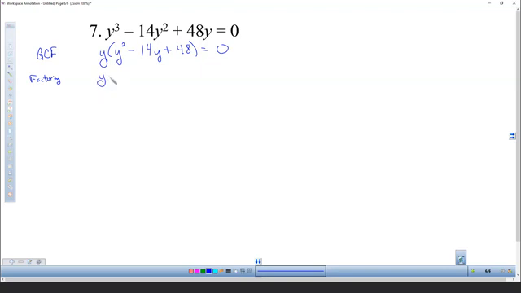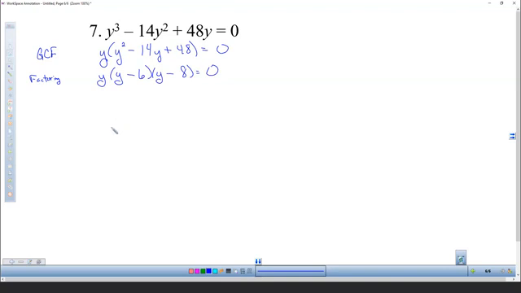It's not like the 9 we had in the previous problem. So now I can factor my y squared with my 2 y's, okay? And factors of 48 that are going to give me negative 14 are going to be negative 6 and negative 8. That gives me a positive 48 and a negative 14 in the middle.